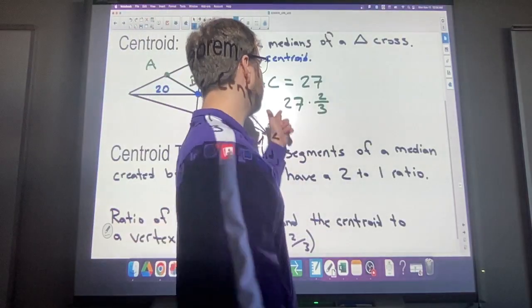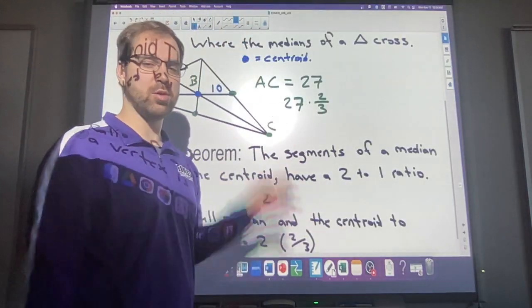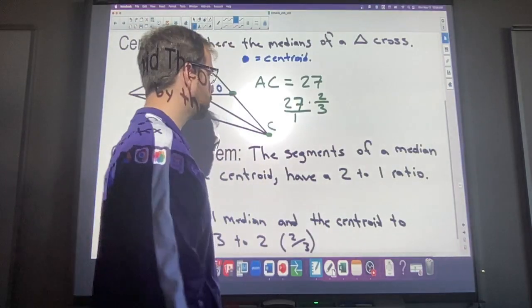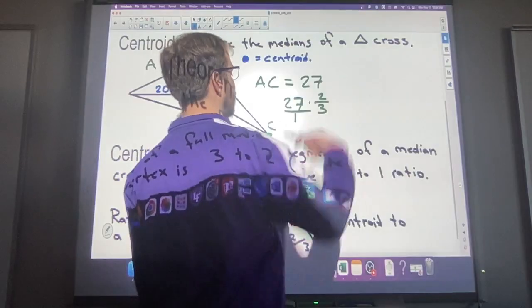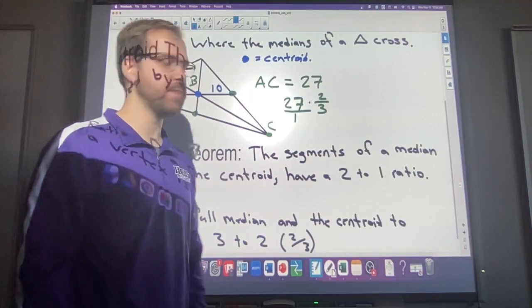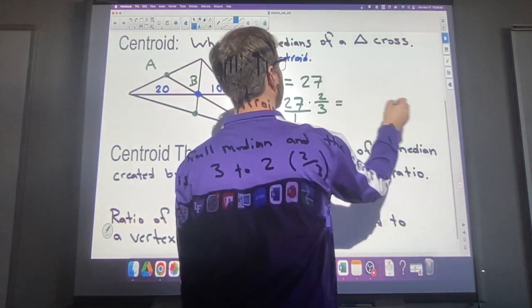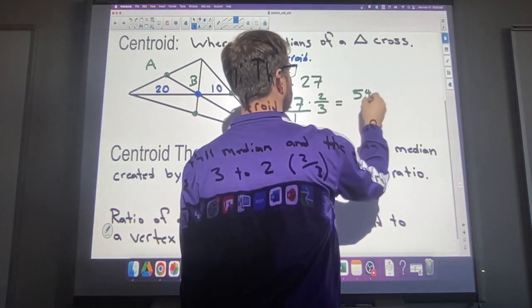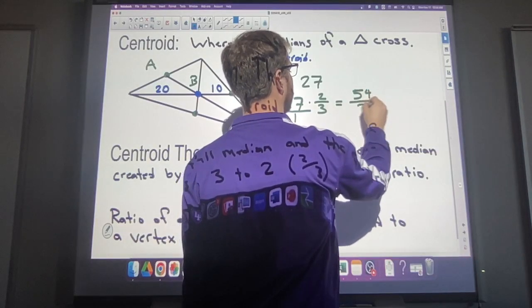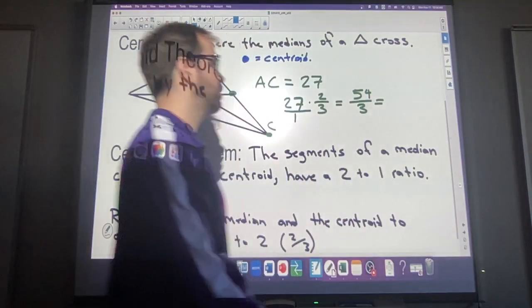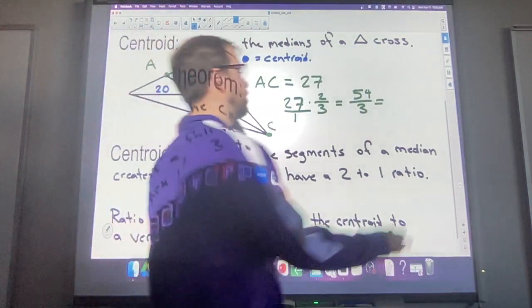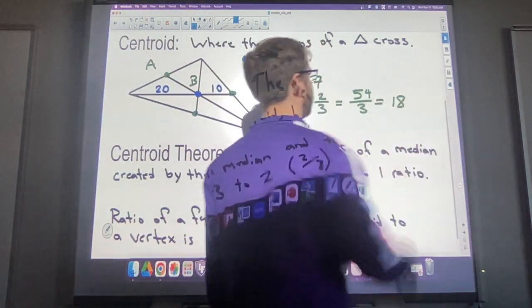So all you do when you're multiplying a whole number by a fraction is you put this over 1. So you multiply the tops and you divide by the bottom. So 27 times 2, well, that's 54. So 54 over 3, and 54 divided by 3, well, if you type that in, you get 18, okay?